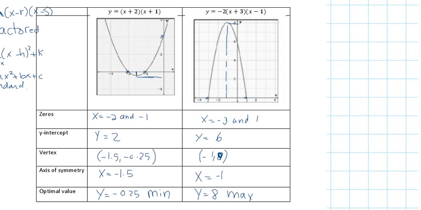What's with the zeros? If you look at the zeros here, they're -2 and -1. In the equation, what are they though? +2 and +1. How about the zeros here? -3 and 1. In the equation, it's +3 and -1. So they're opposite. So what does the factored form give me?